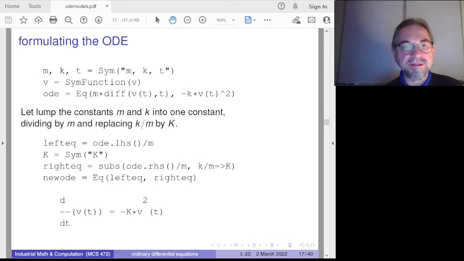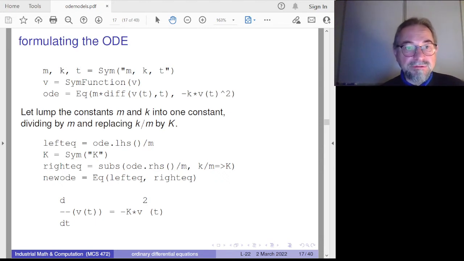So formulating the ordinary differential equation, we have to define symbols not only for our independent variable, which is time here, but also for our constants, the mass and that constant k.